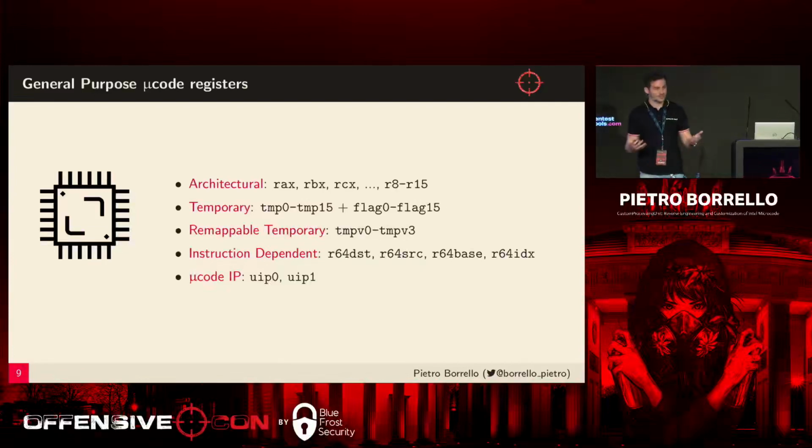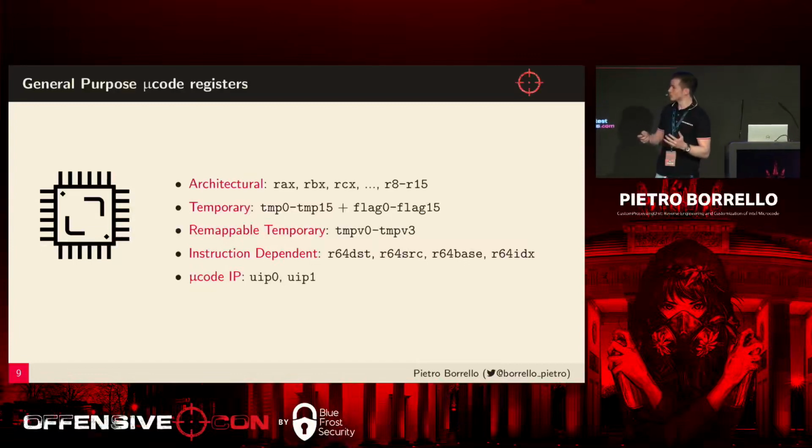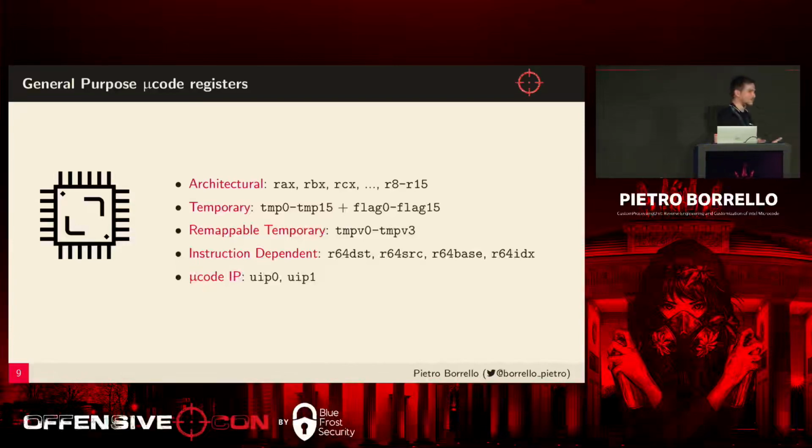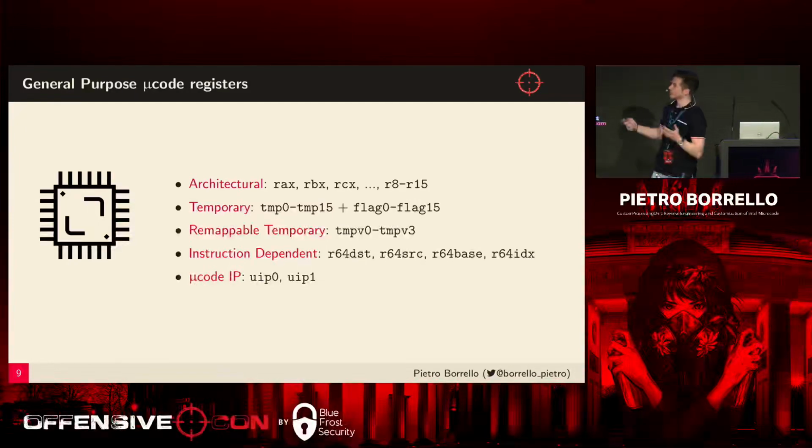You even have flags that are per register instead of a single flags register. So every operation will access the flags of the input registers and write the flags to the output registers. You will also have instruction-dependent registers and even 2 instruction pointers for saving and restoring, for example, for calling microcode routines. So it's a very complex view of the registers.